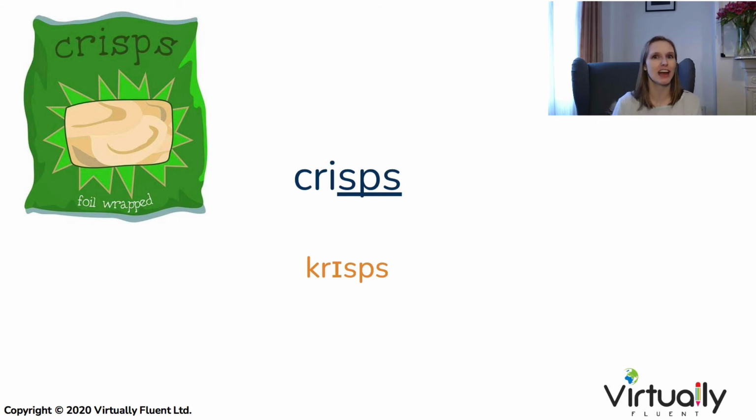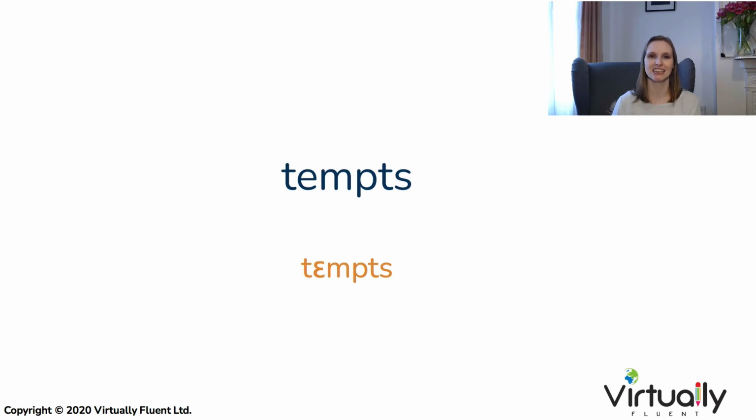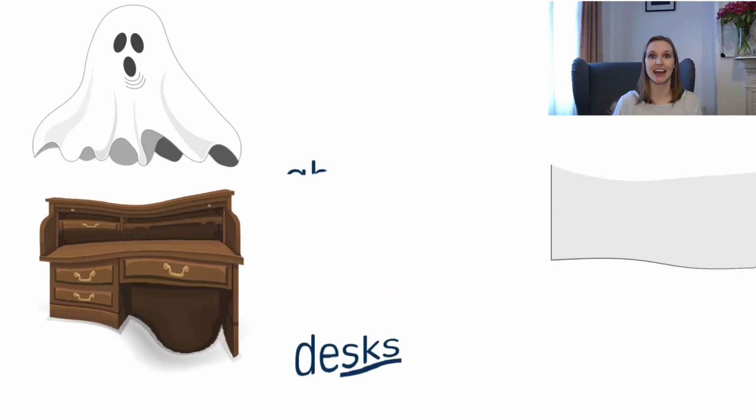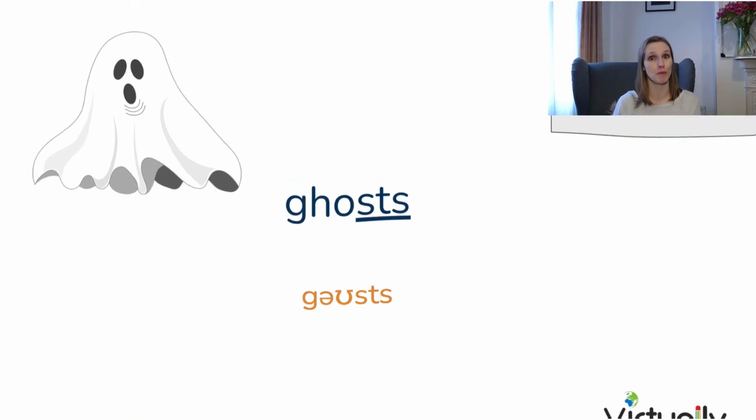So definitely look out for some words with this sps ending. Texts, tempts, desks. Again, this SKS ending is really common, so look out for it. And ghosts. Again, STS ending, really common.